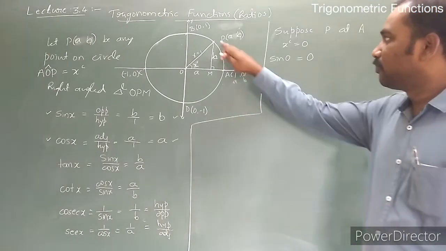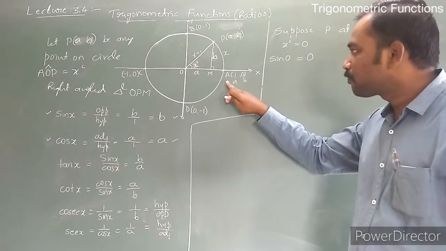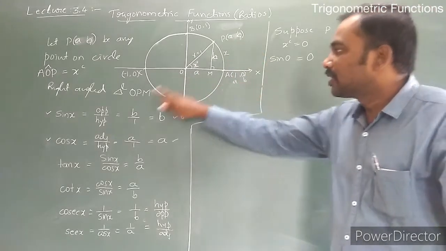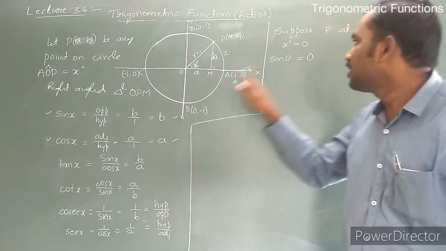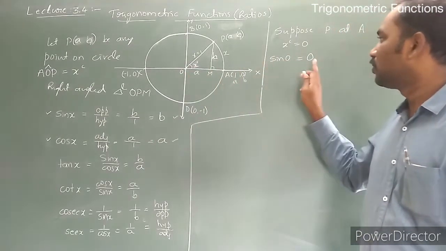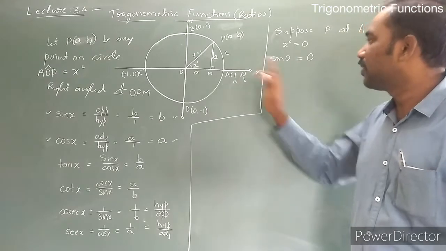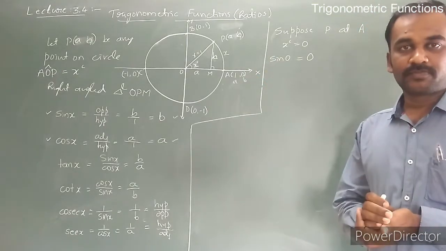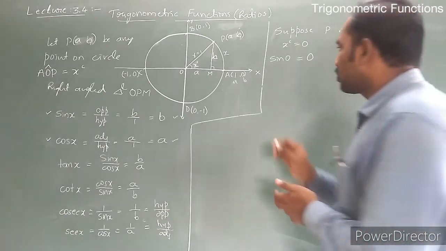Are you clear? So P point lies at A. Then A value is 1, B value is 0. Sin x is nothing but B. X value is the angle, x radian. This is 0. And what is the B value? B value is 0. So we can write sin 0 is 0. Similarly, come to the cos.